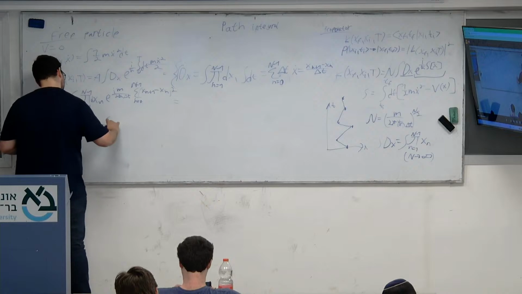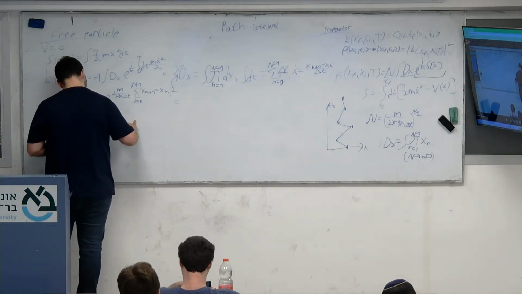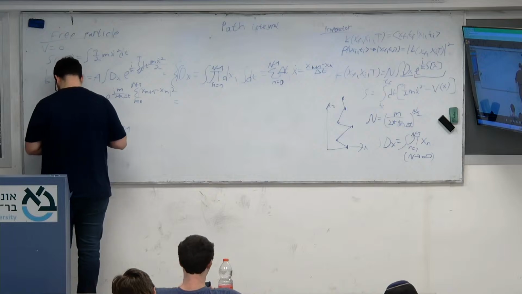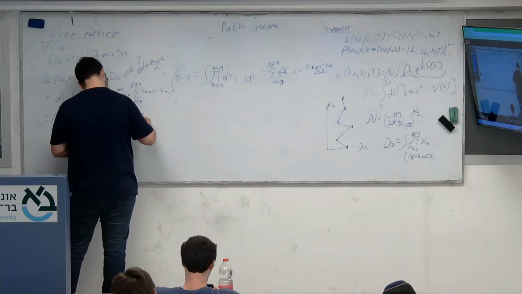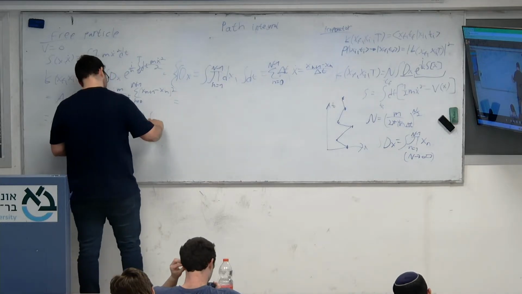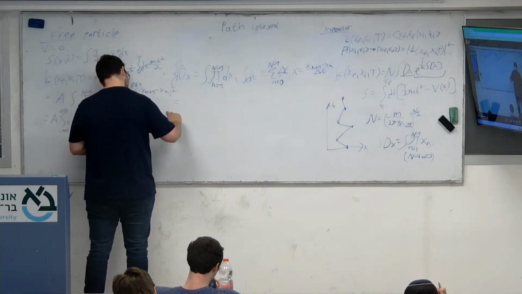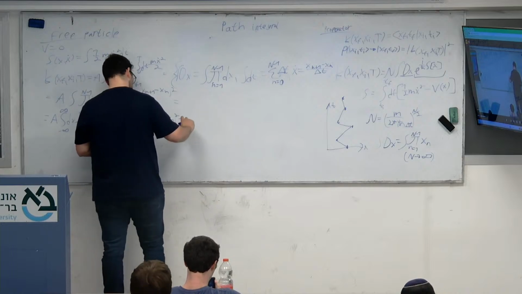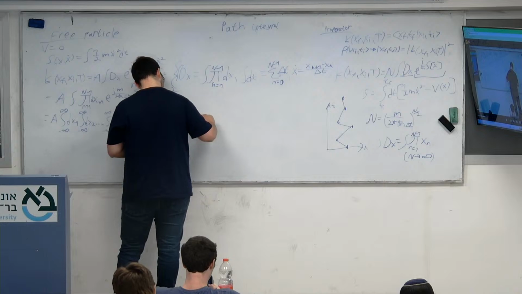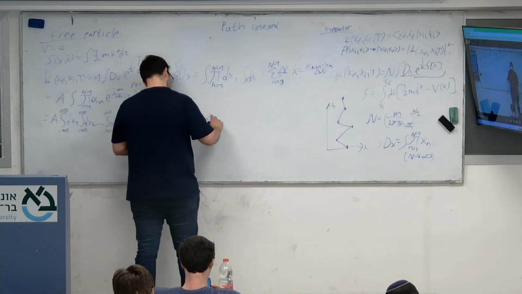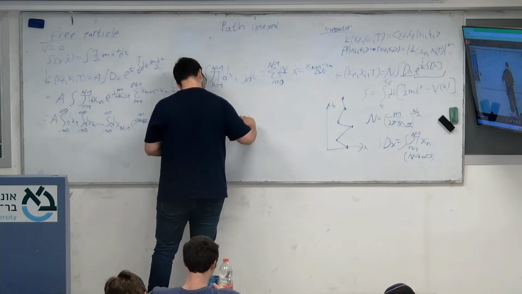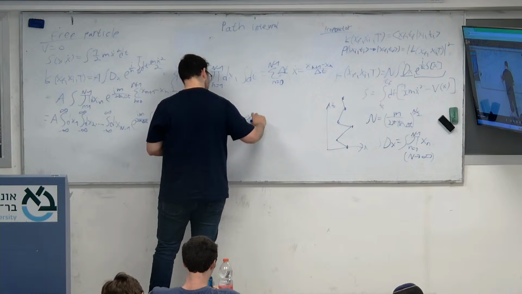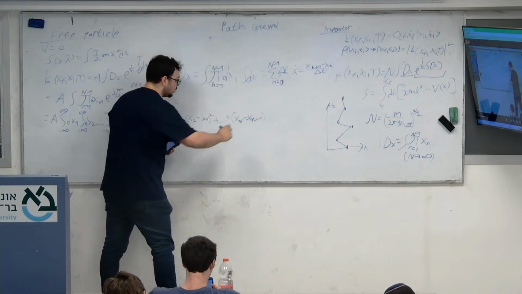dx2, dxn minus 1, times e to the i m over 2 h bar delta t of x1 minus x0 squared plus x2 minus x1 squared plus, up to xn minus xn minus 1 squared.